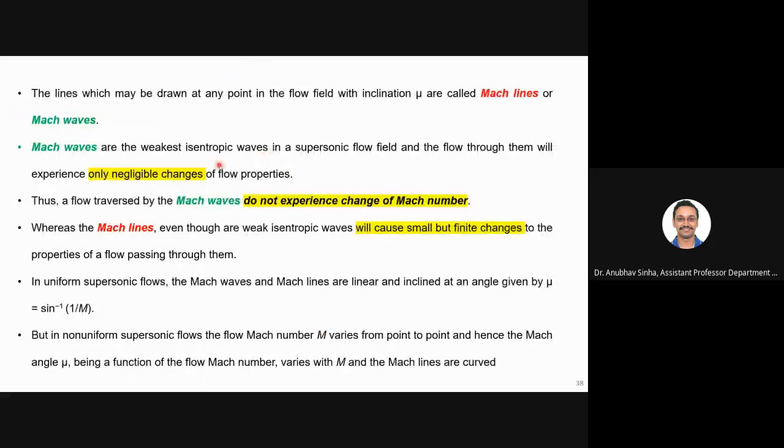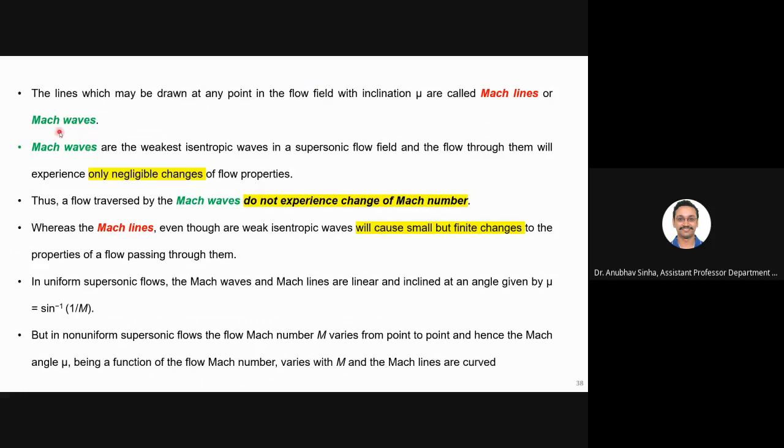Okay, now let us have some comments. The lines we have discussed in the last slide will be at angle mu, and these are called Mach lines or Mach waves.